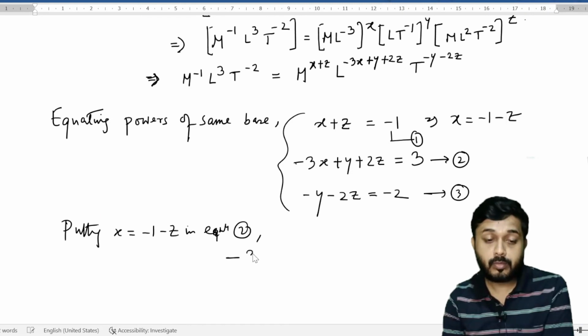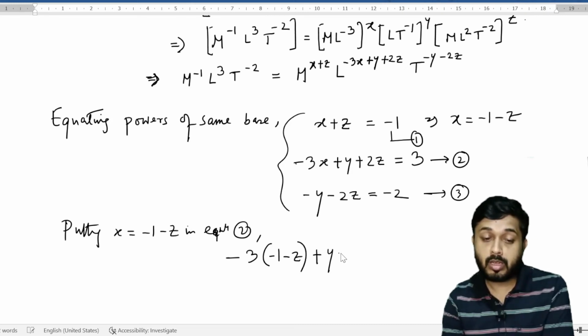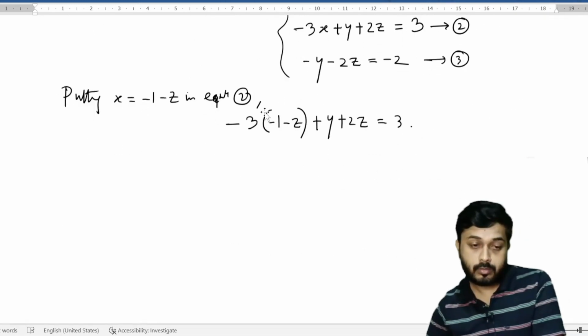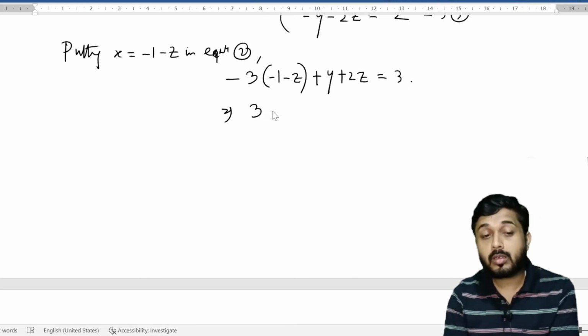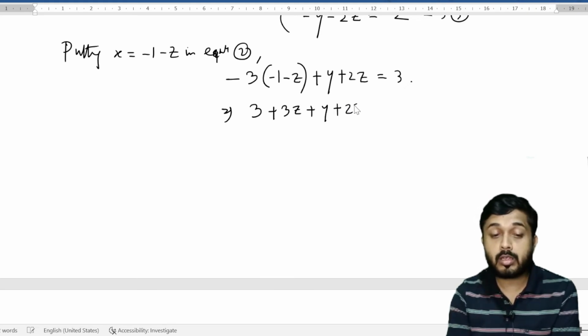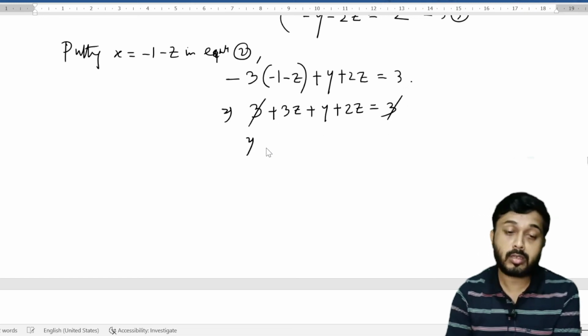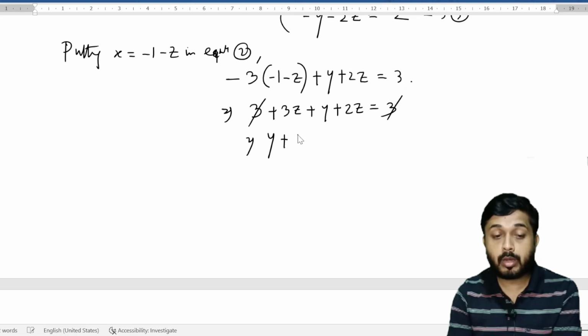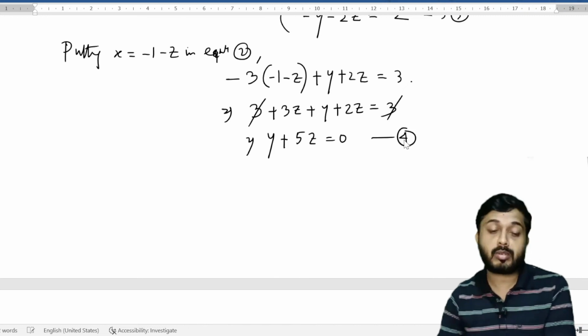Minus 3 into x, in place of x we are writing minus 1 minus z, plus y plus 2z equal to 3. Then we are getting 3 plus 3z plus y plus 2z equal to 3. 3 are cancelling out from both sides, so we are getting y plus 5z equal to 0. Let this be equation number 4.